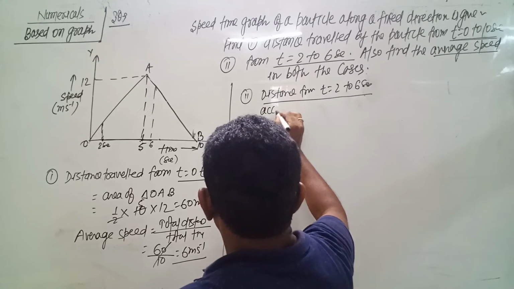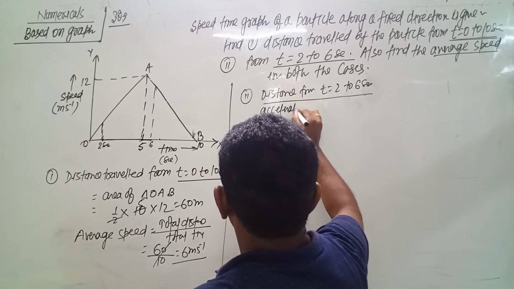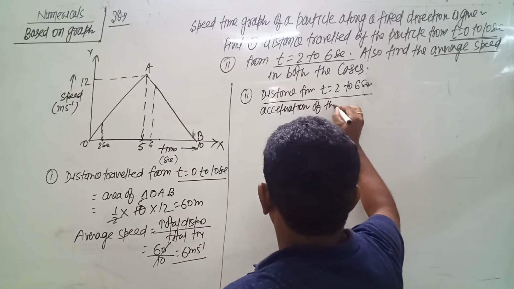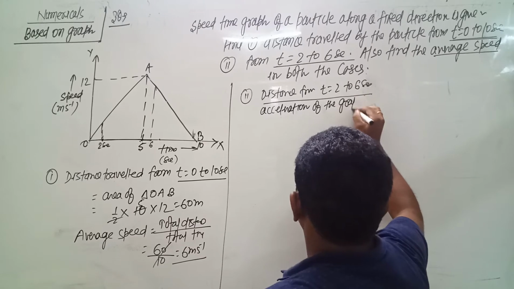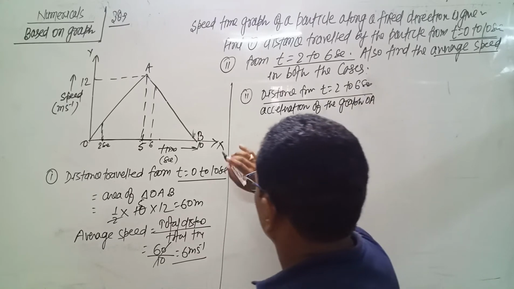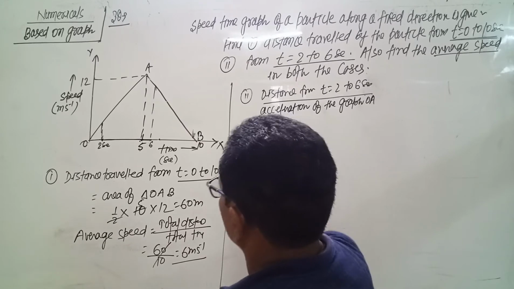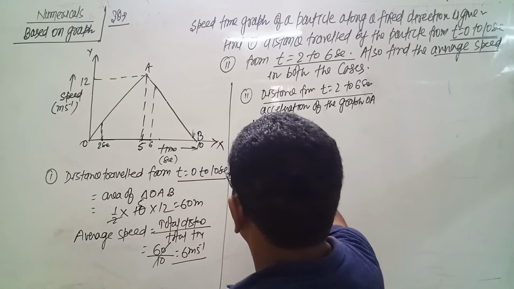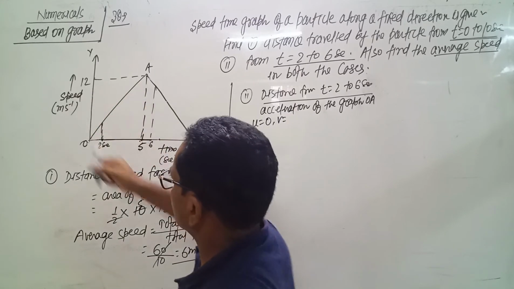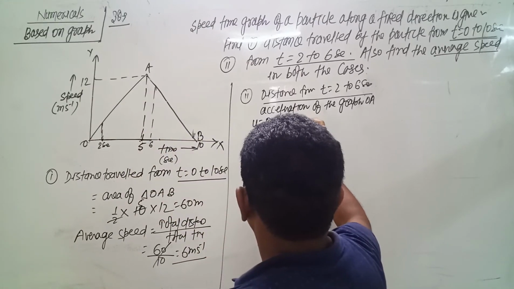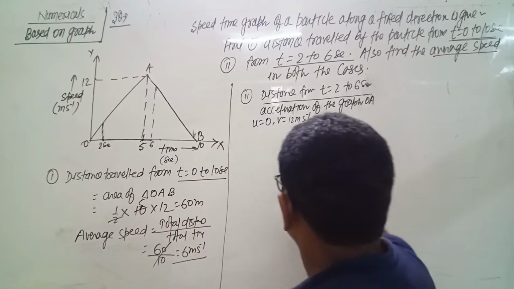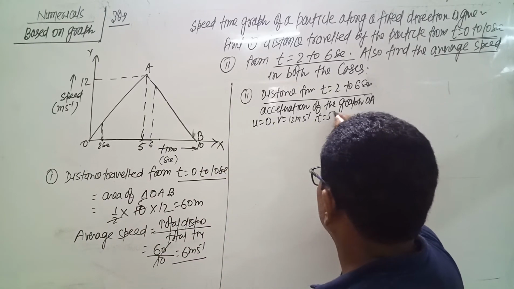Acceleration of the graph OA. For this, initial velocity u equals 0, final speed v equals 12 meter per second, and time taken from 0 to 5 seconds is 5 seconds.